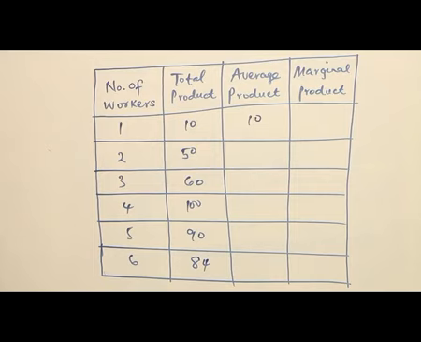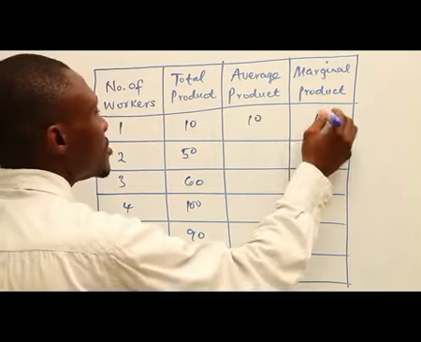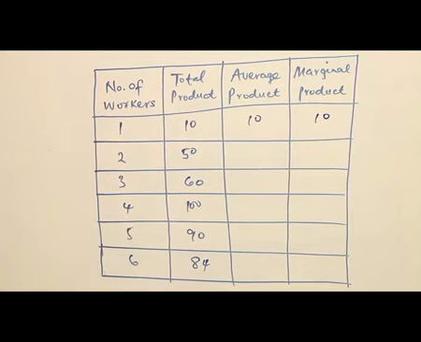Now, for our marginal product, the marginal product will still be 10 because there is nothing like previous output. Now, having employed 2 workers, something will change in that organization.